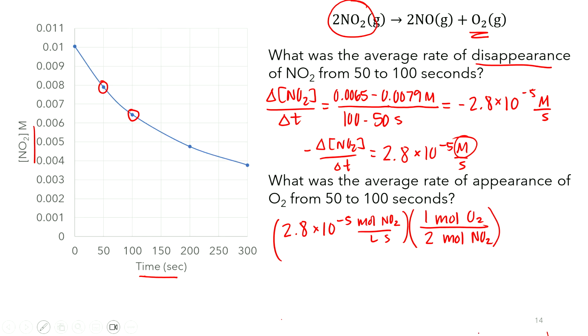So now I'm going to cancel out moles of NO2 and be left with moles of O2. This math is the same as that equation we used from the book, but this is easier in my mind. We're just using the stoichiometric coefficients, the mole ratio from our balanced equation. Every time I make 2 NO2s, I'm making 1 O2. So I should wind up with half the rate.